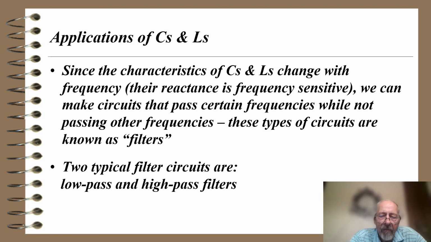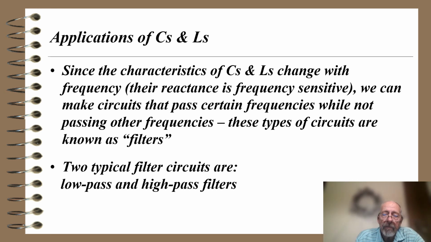So what about applications of C's and L's? Well, since the characteristics of C's and L's change with frequency, the reactance is frequency sensitive, so we can make circuits that pass certain frequencies while not passing other frequencies. These types of circuits are known as filters. Two typical filter circuits are a low-pass and a high-pass filter.